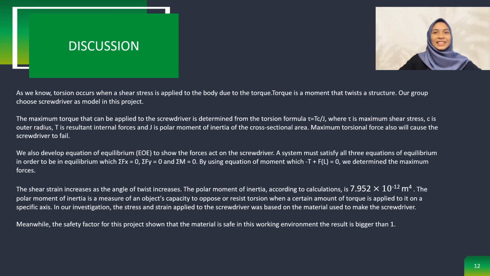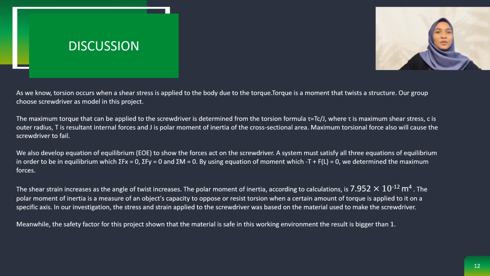The shear stress increases as the angle of twist increases. The polar moment of inertia, according to calculation, is 7.952 times 10 to the power of negative 12. The polar moment of inertia is a measure of an object's capacity to oppose or resist torsion when a certain amount of torque is applied to it on its specific axis.